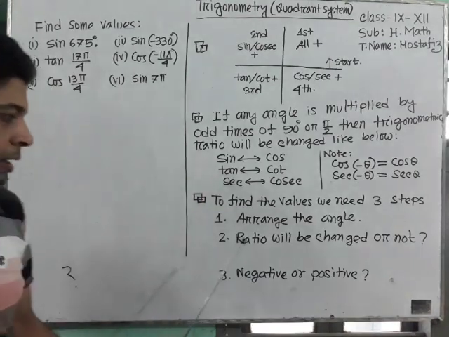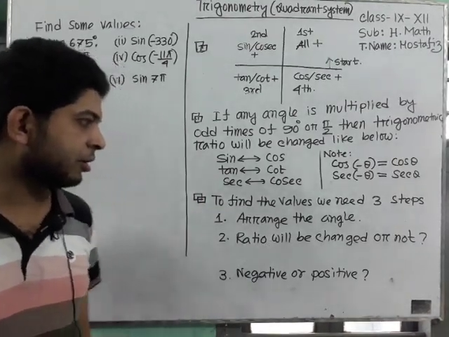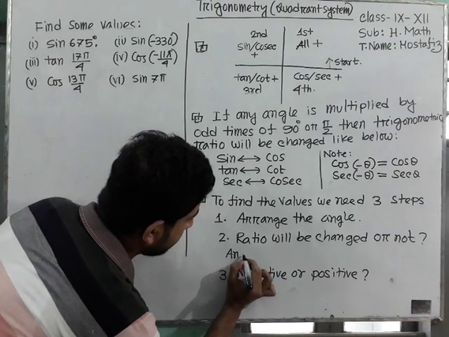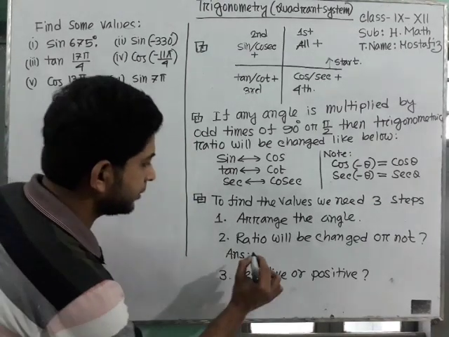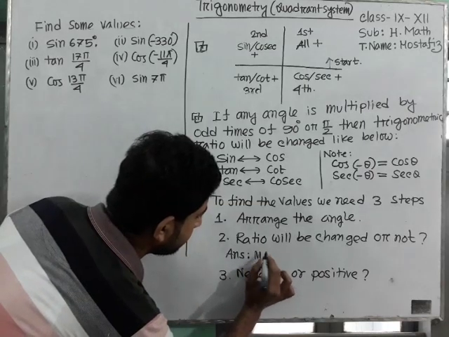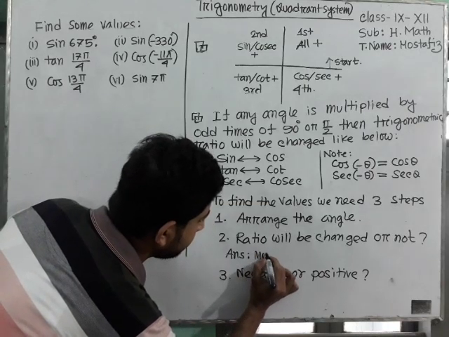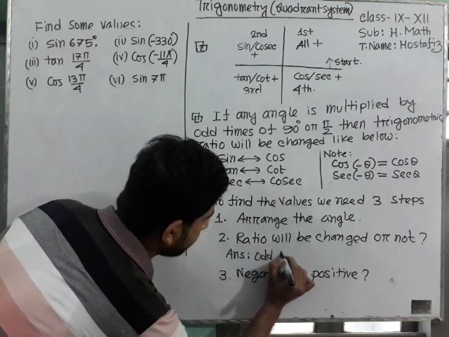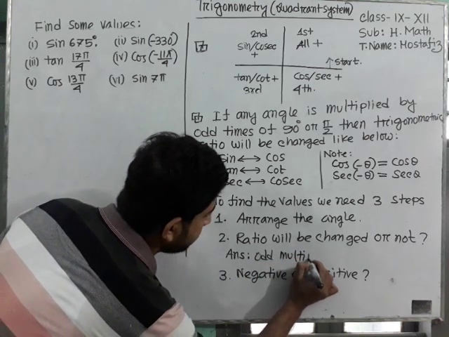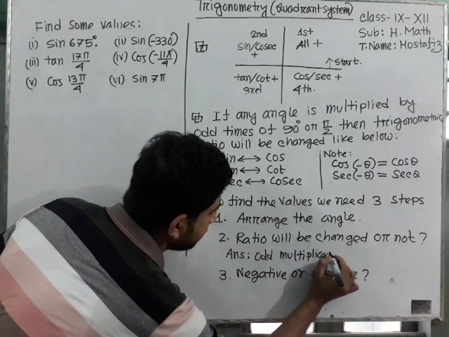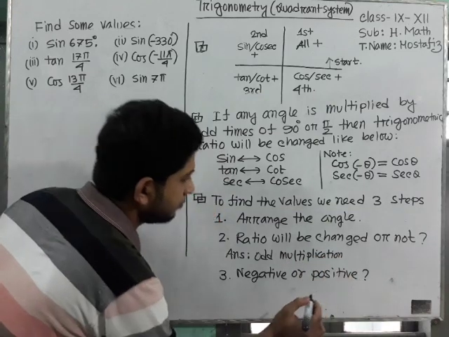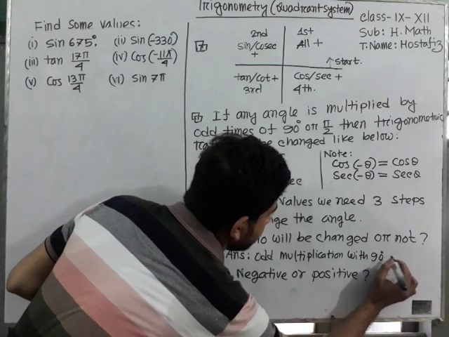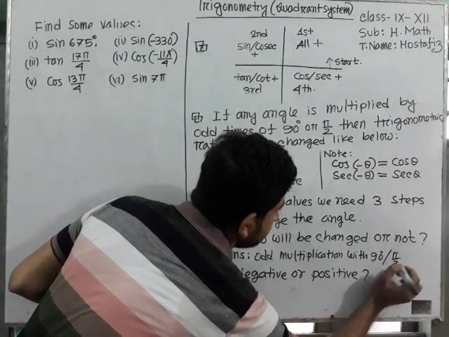But how you will think that ratio will be changed or not? You have to give an answer that odd multiplication with 90 degree or pi by 2.